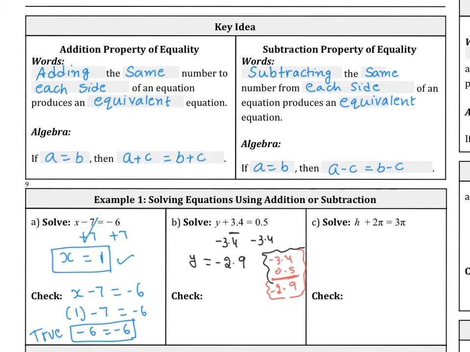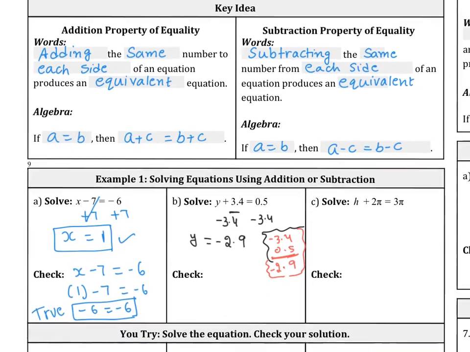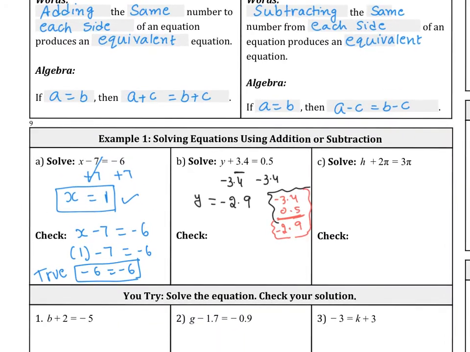Now we're going to check this. So to check the solution, you're going to replace the y value. So this is my original equation. And then this y will be replaced with its value, and that's going to be negative 2.9 plus 3.4.